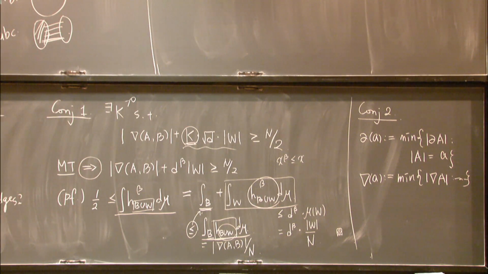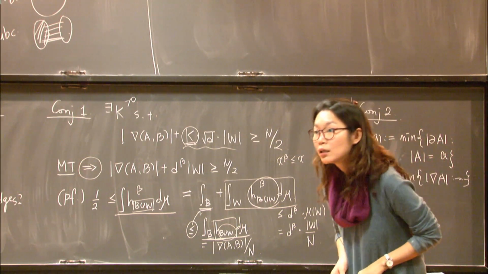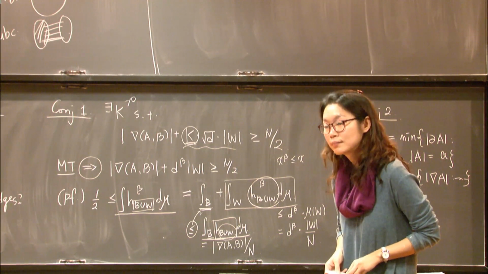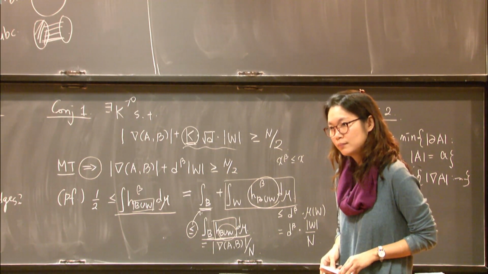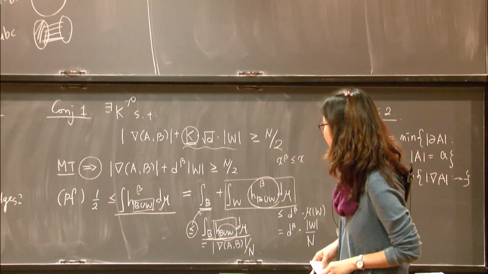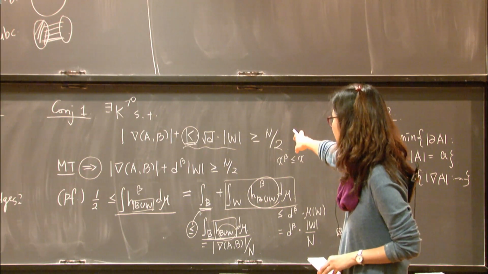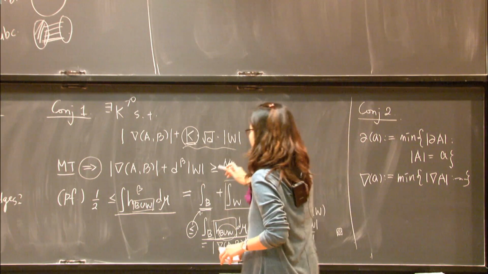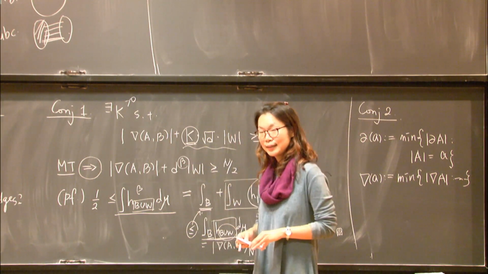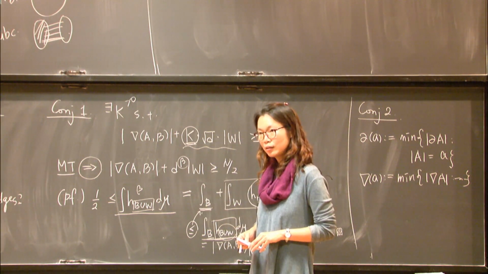And yes? So you're saying your main theorem is tight, and it implies the conjecture just with a different beta, right? Oh, yes. So why do you think this beta can be improved?